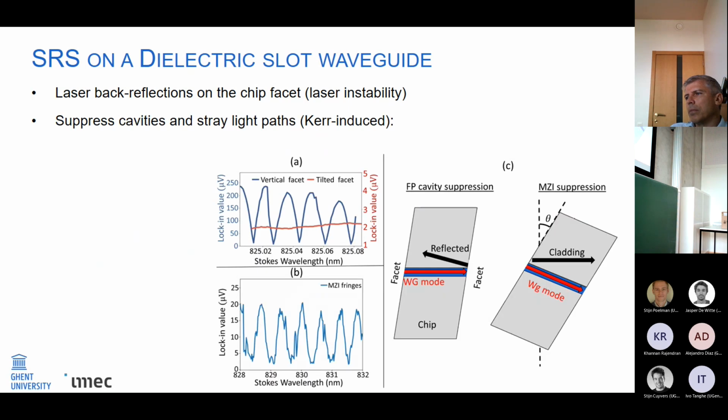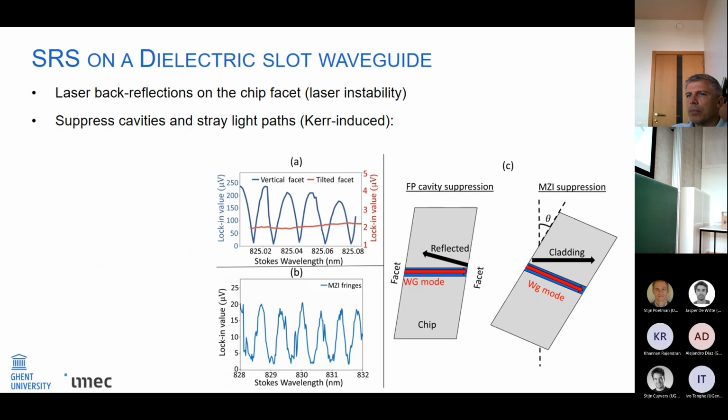And furthermore, I also had to suppress the formation of cavities and stray light paths. So in order to understand this, inside our chip the Stokes light is propagating inside this waveguide mode, but at the facet, part of it can back reflect and actually couple back into the waveguide. And there you can form a photonic cavity, a very weak one.